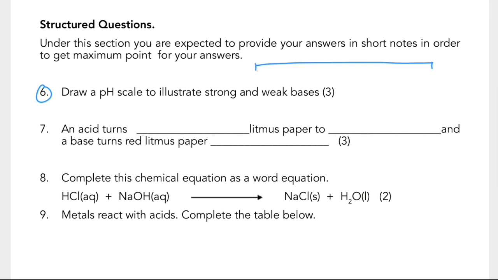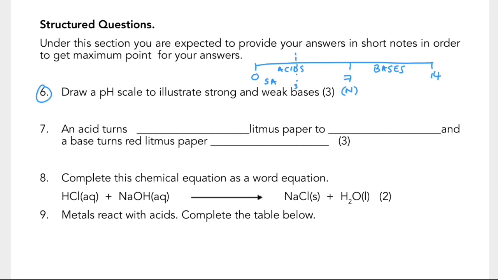We have our pH scale here. We have 0, we have 7, and we have 14. Here from 0 to 7 we have acids. Then from 7 up to 14 we have bases. Then on 7 we have the ones that are neutral. So from 0 up to maybe a pH of 3 we have strong acids.